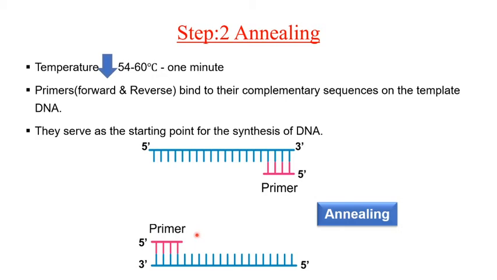The two separate strands of DNA are complementary and run in opposite directions, from one end 5' to 3' end and the other end is 3' to 5' end. As a result, there are two primers, that is the forward primer and the reverse primer. This annealing step in which the primers are annealed to the single-stranded DNA molecules occurs for about 1 minute.